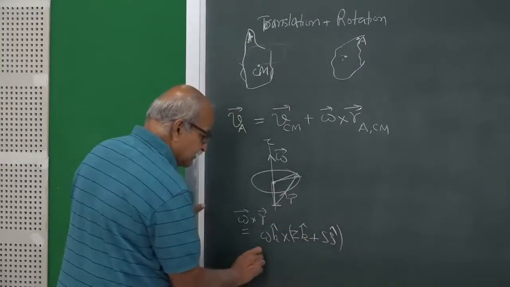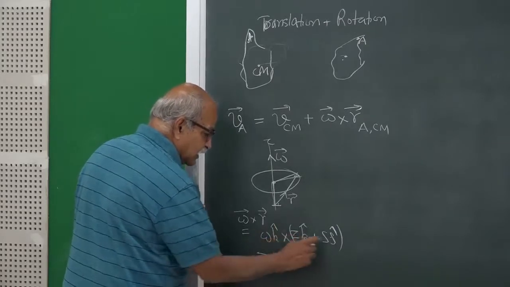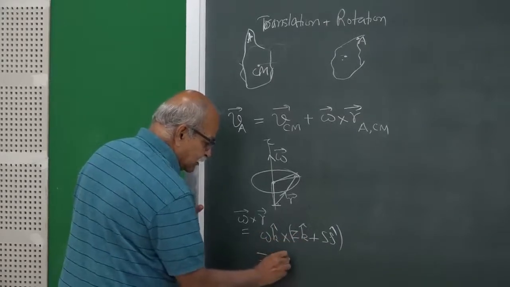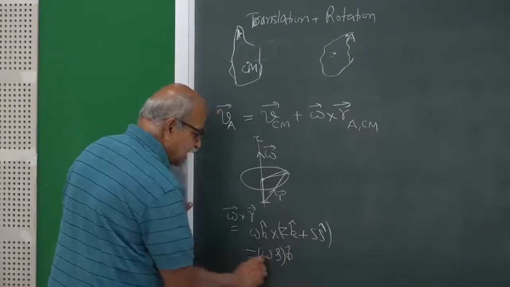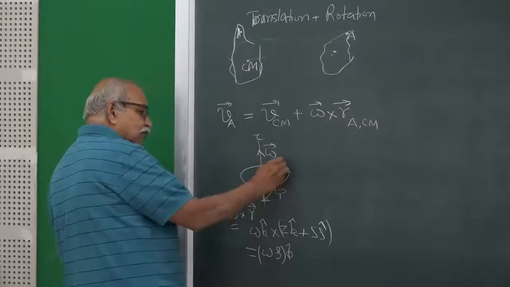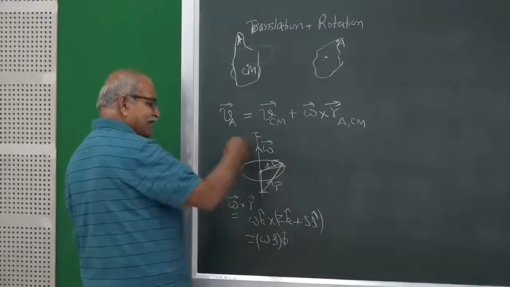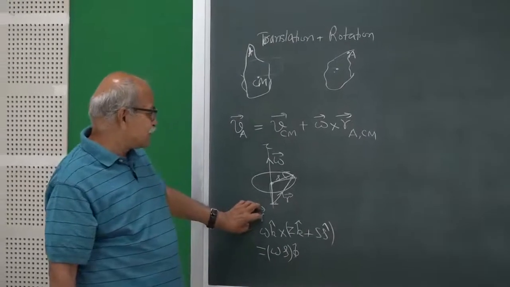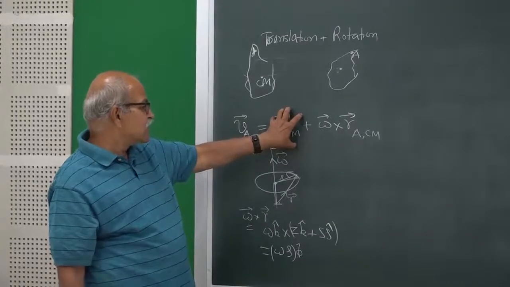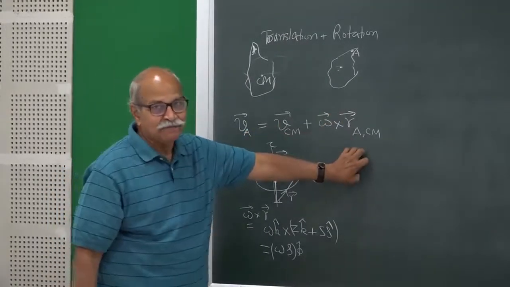When you do k cap cross k cap it is 0, and you have omega into s in the phi cap direction, so the velocity is omega times s, and phi cap is the direction. So, it correctly gives the direction as well as the magnitude. This gives you the translation part, and this gives you the rotation part about the center of mass.